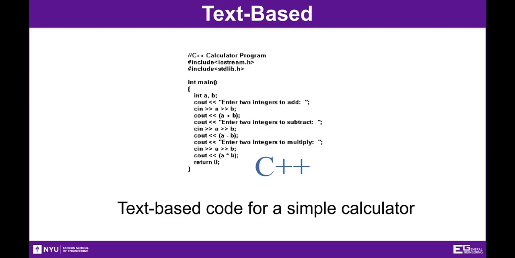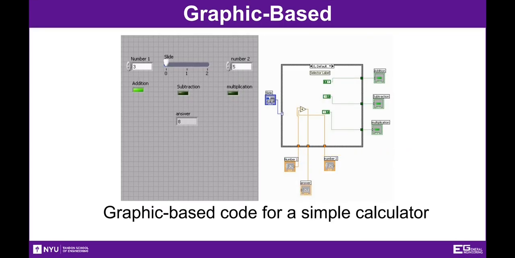So you are not writing code. Writing code is a little bit boring, I believe. Okay, you can learn this, but of course graphic-based computing is much simpler. Graphic-based code has two panels: one is the front panel interface, and the other is the block diagram.